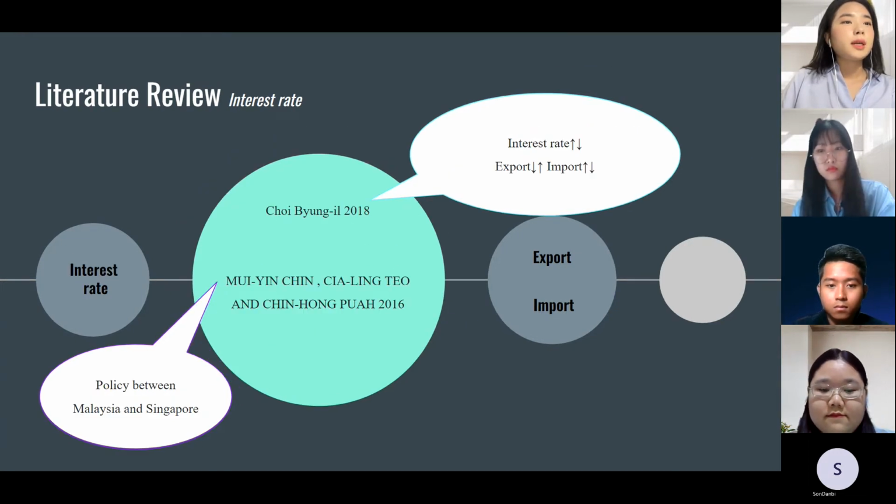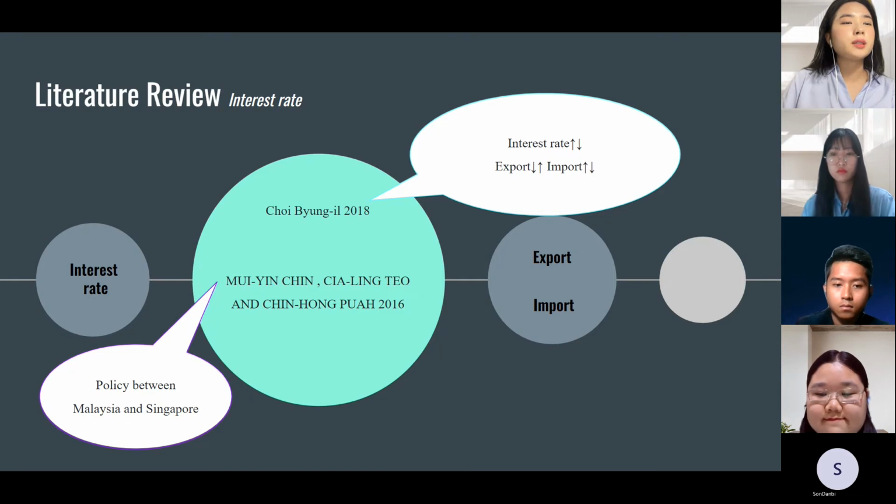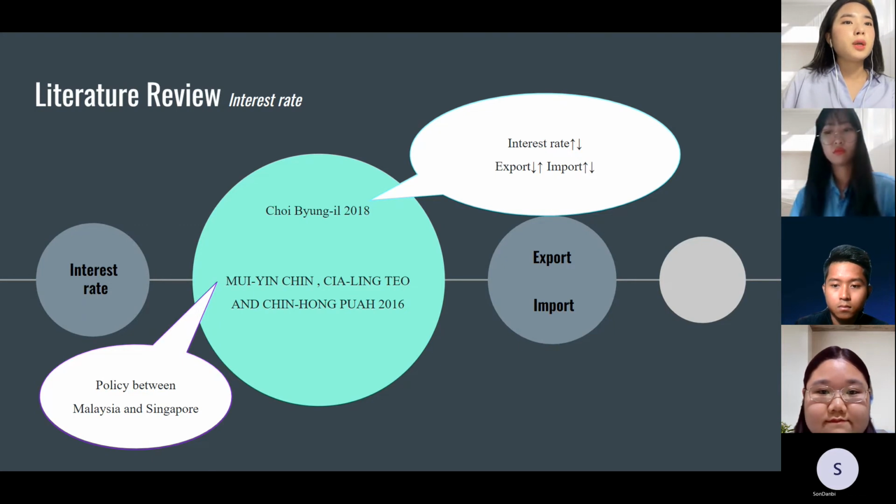Yes. The second is the literature on interest rate and import and export. In general, many economists say that rising interest rates reduce export and increase import. Therefore, the central bank periodically changes interest rates to exert influence on the market.